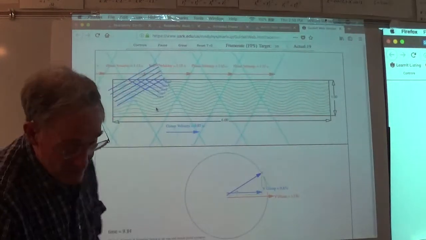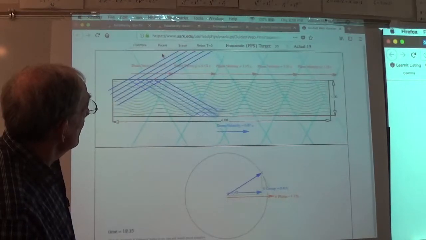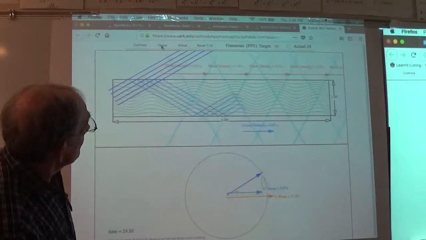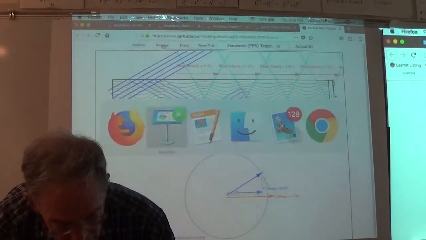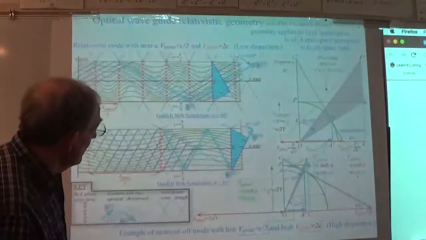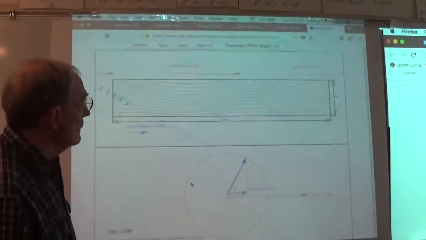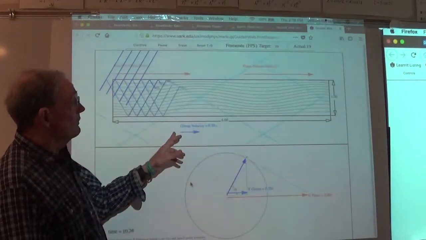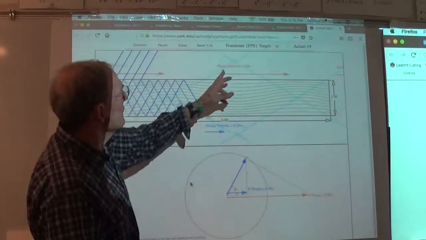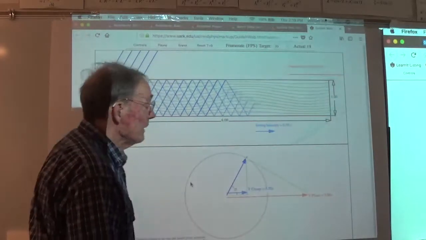Now I'm going to quickly stop this so I don't use up my laser. There. Go back, and here is really close to the cutoff. Now you can see the group velocity, which is 0.5 c, is really a lot slower than the phase velocity.